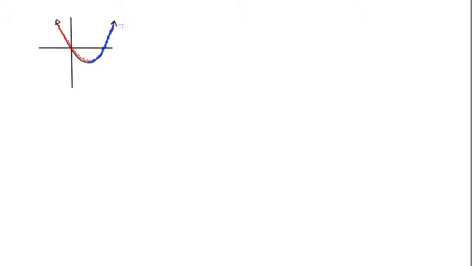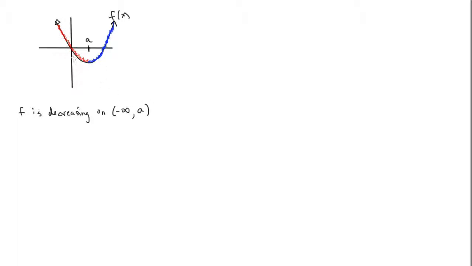If this is the graph of some function f of x, we would say that f is decreasing. We'll do that one first. We need a number here, so let's call this a, wherever it is. It's decreasing for all the x values to the left of a. What interval is that? That's minus infinity up to a.